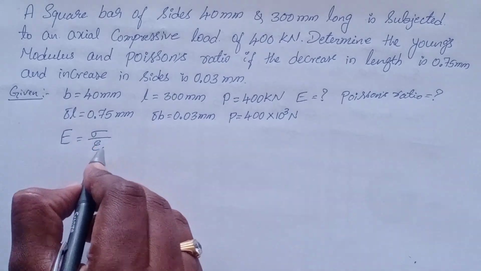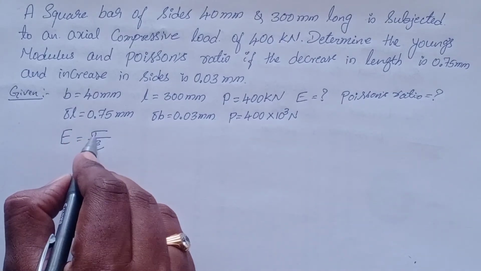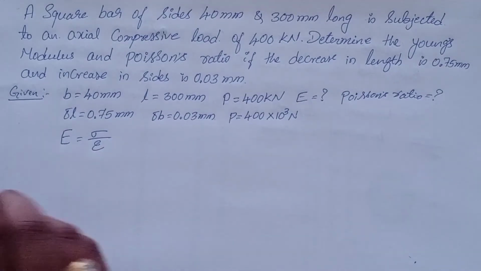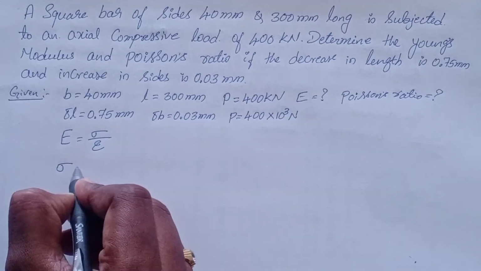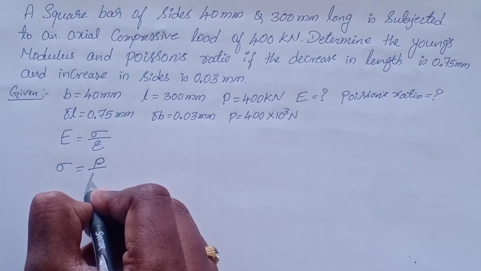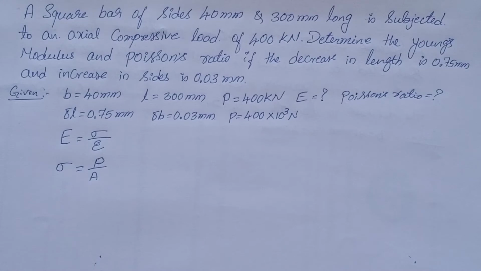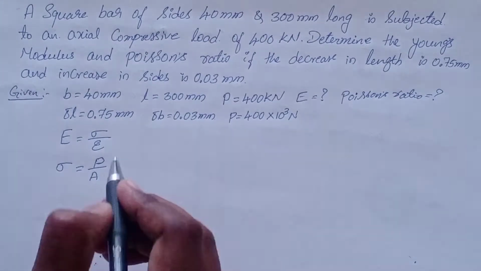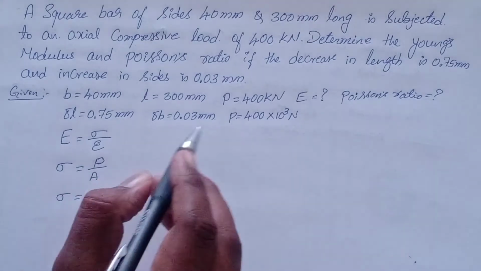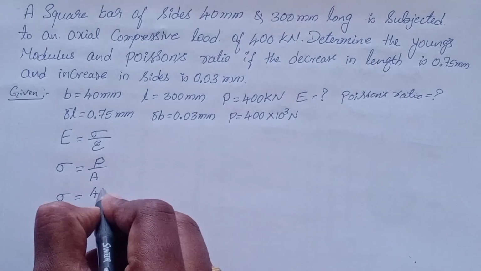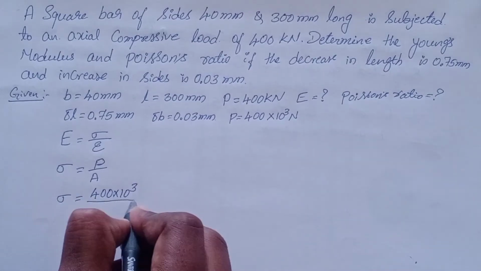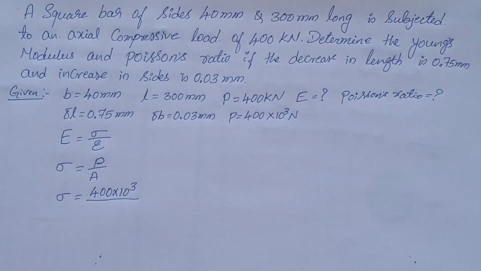We don't know them yet, so first we need to find sigma. Sigma is equal to F divided by A, or P divided by A, load divided by area. Here we know the load, 400 into 10 to the power of 3, divided by area.